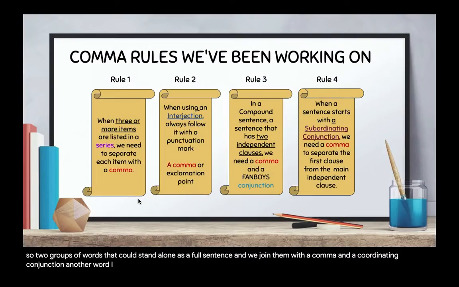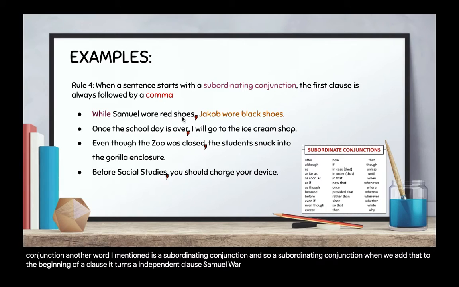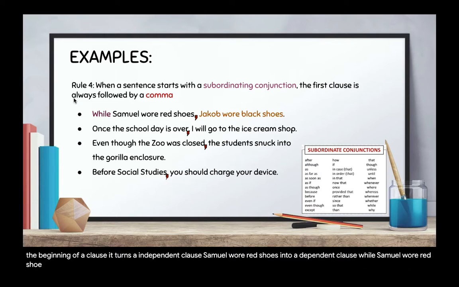Another word I mentioned is a subordinating conjunction. And so a subordinating conjunction, when we add that to the beginning of a clause, turns an independent clause, Samuel wore red shoes, into a dependent clause, while Samuel wore red shoes, which doesn't express a full idea, which makes it a dependent clause.